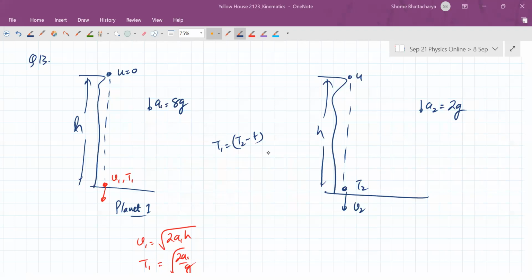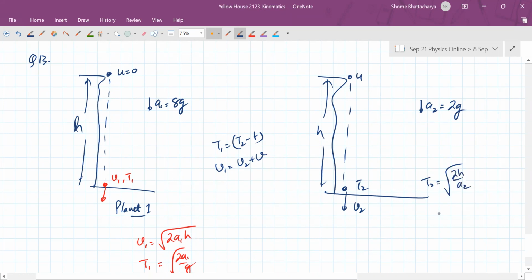Okay, and acquires a final velocity v1 which is v meters per second more. So this information we have to use. Okay, so here t2 is square root of 2h by a2. Okay, and v2 is equal to square root of 2a2h.